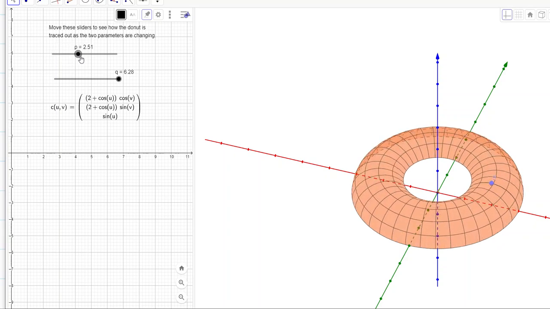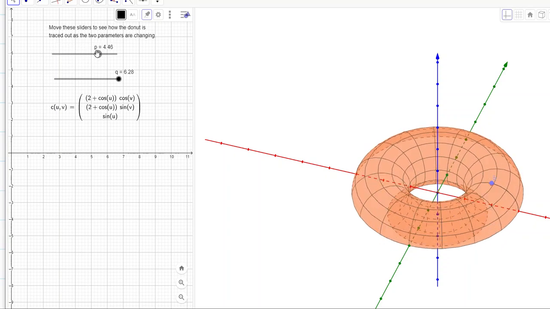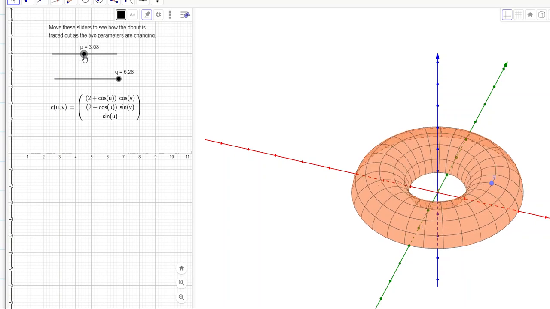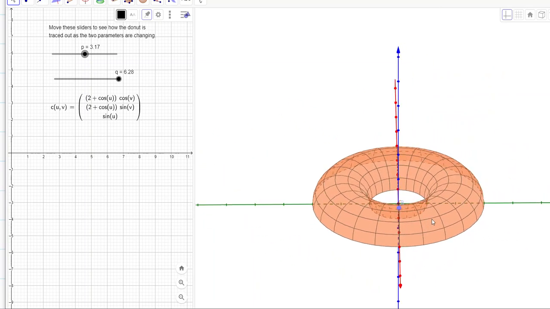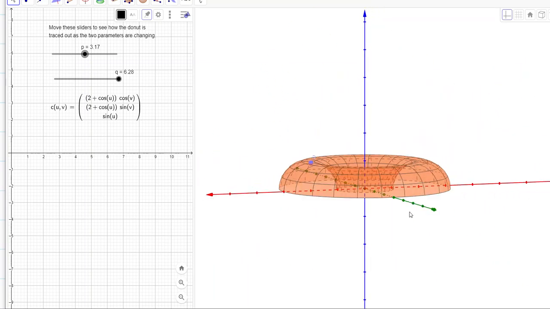You can see this is the half torus, the upper half of the torus.